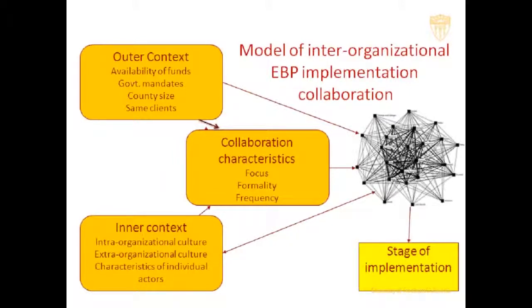And by that I mean the shared understandings that governed the goals, objectives, and the appropriate activities to achieve those goals and objectives that are shared by the different agencies that are collaboratively working to implement an evidence-based practice.